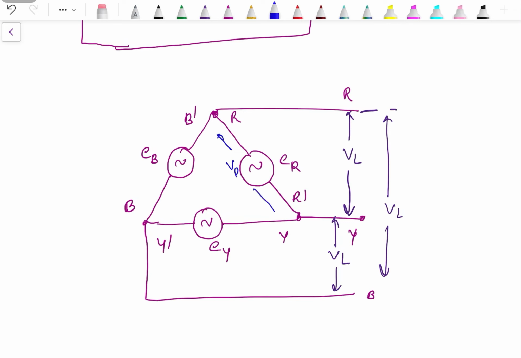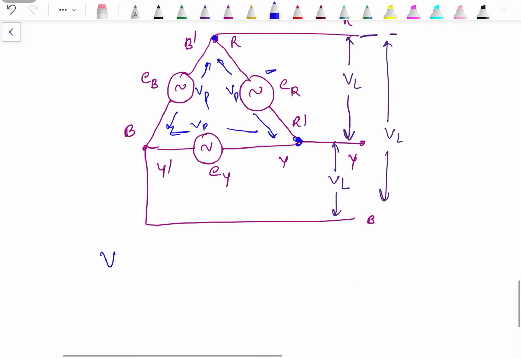This one is VP. Here we have VP and here we have VP. Now this VP is across phase R, that is between terminals R and R dash. Similarly, VL is also between R and R dash because R dash and Y are the same terminal. So it means line voltage and phase voltage are the same in case of delta connection.